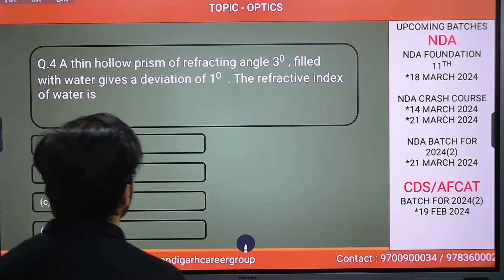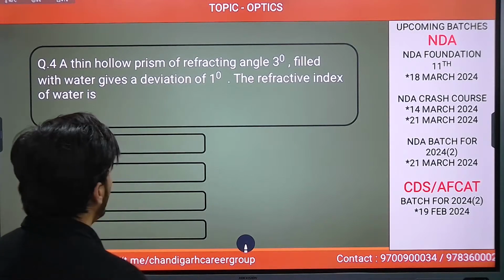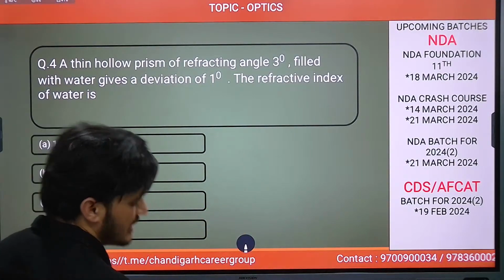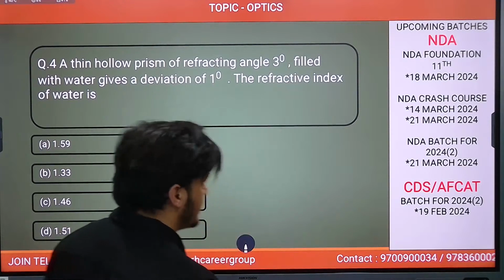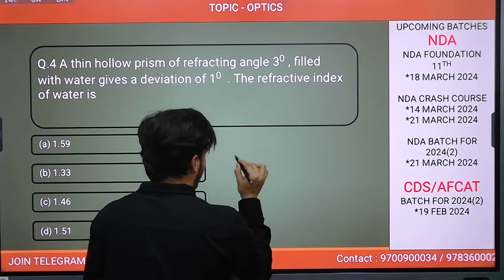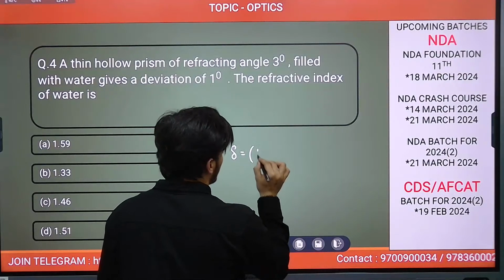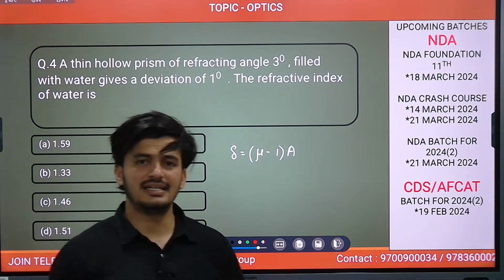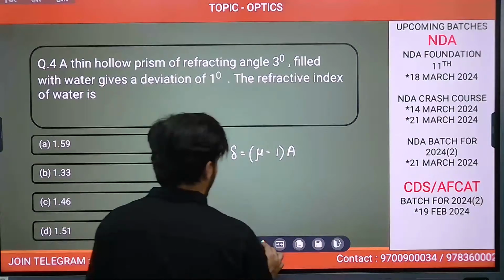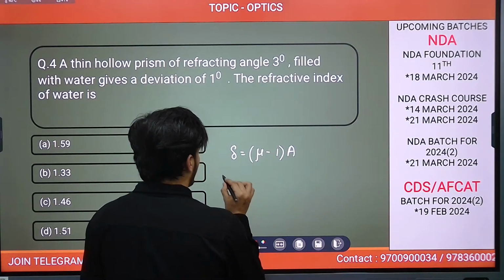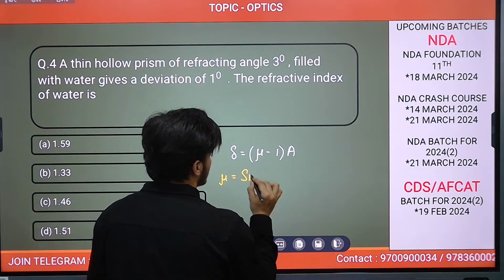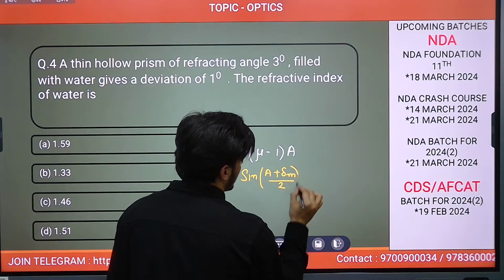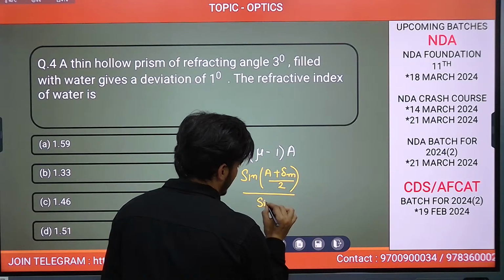A thin hollow prism of refractive angle 3 degree filled with water gives a deviation. How much? 1 degree. The refractive index will be. So the formula is del is equals to mu minus 1 upon A. Eventually, the formula is mu equals sine of A plus del m by 2 divided by sine A by 2.